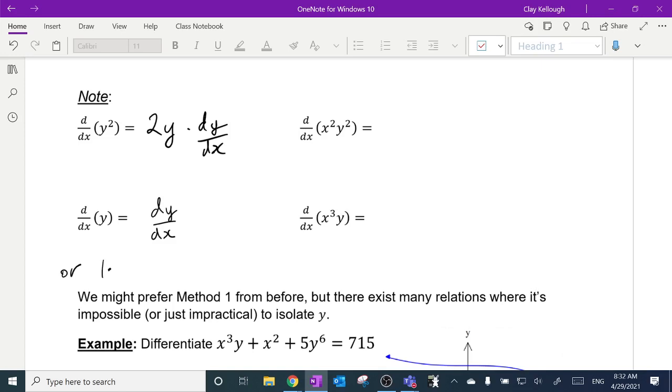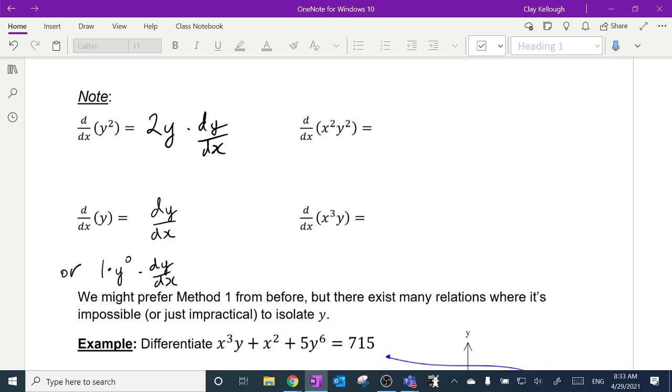And then y squared becomes y to the 2 minus 1. So in this case, I'd have y to the 1, which would be y to the 0 when I'm done doing the derivative of it, and then times dy by dx, and you can see how this simplifies to that.